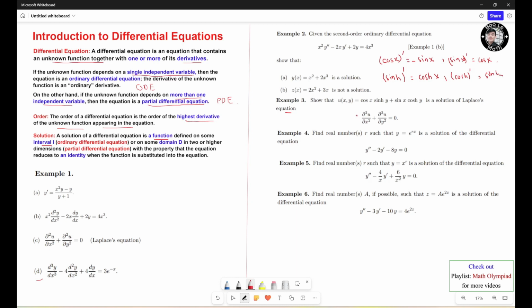First, we need to take the derivative of the function u with respect to s. So we have du over ds. Now, du over ds means we treat s as variable and y is going to be constant.